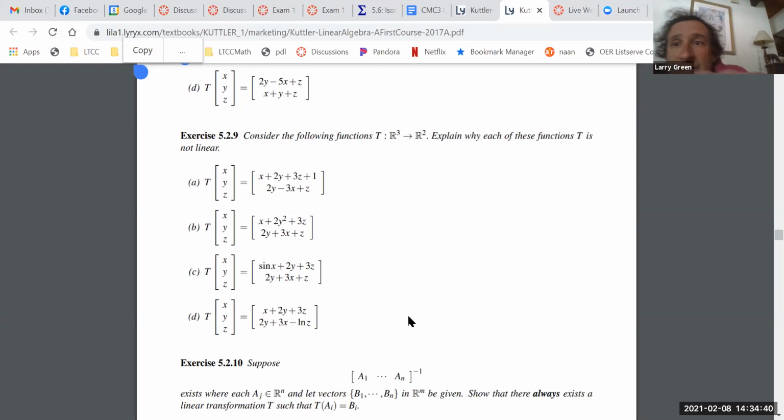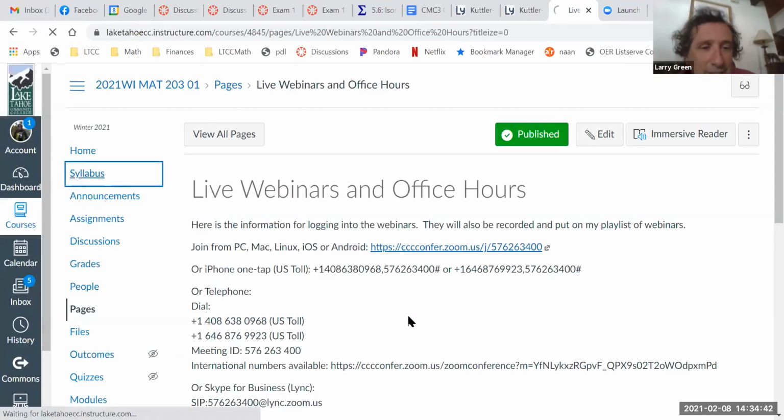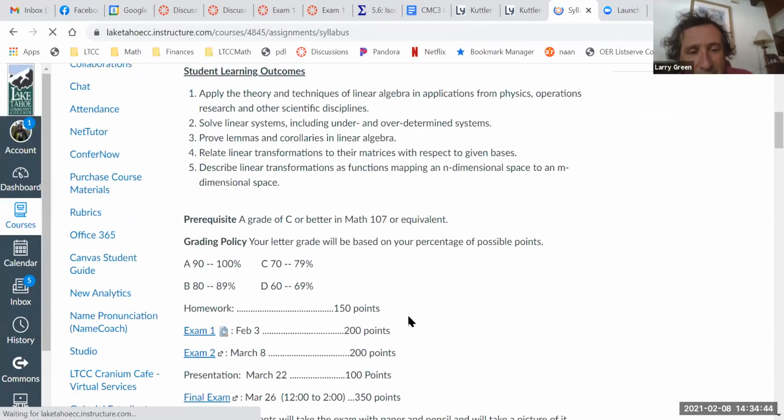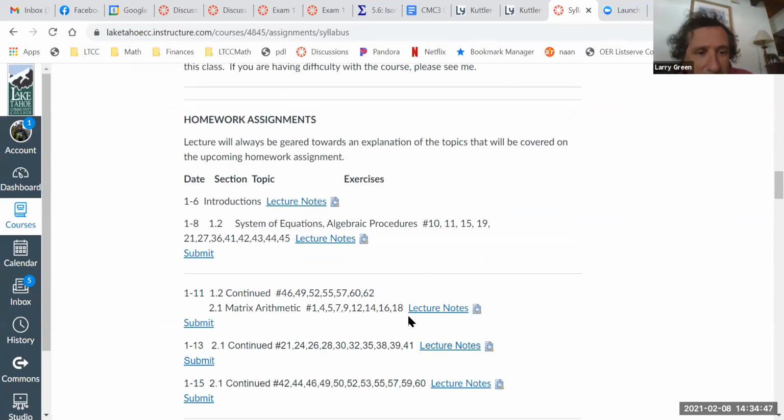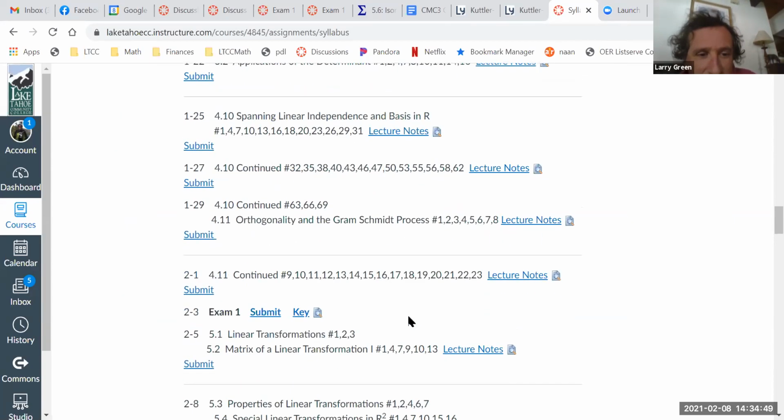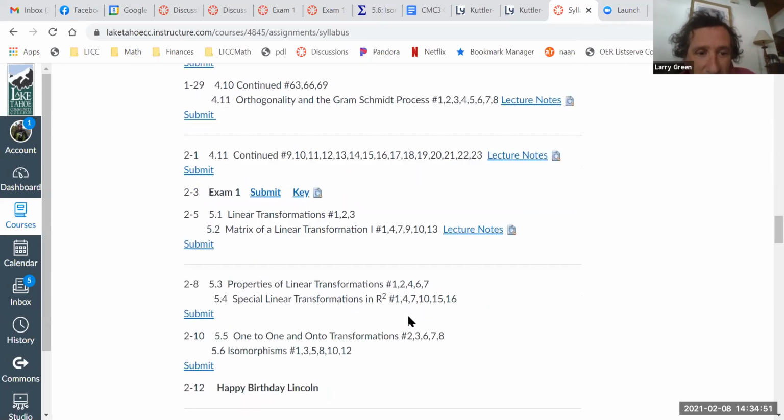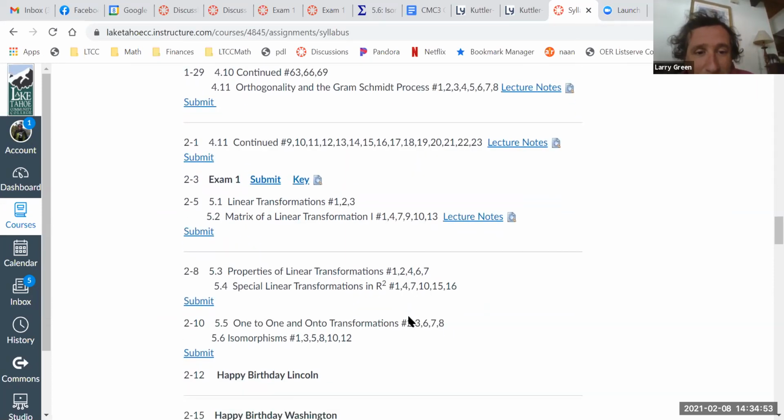Let's go to that one and that one. There's 2 sections, and we're in 5.5 and 5.6. So I'll let you pick a number, either 5 or 6. And then after that, I'll let you pick a number that isn't, if you picked 5, 2, 3, 6, 7, or 8, isn't 1, 3, 5, 8, 10, or 12.